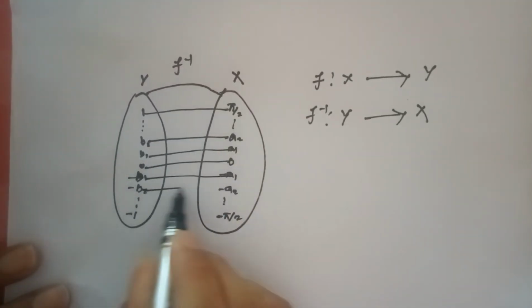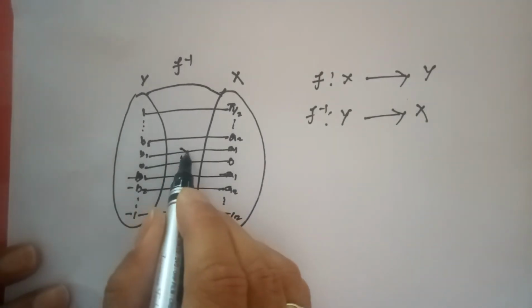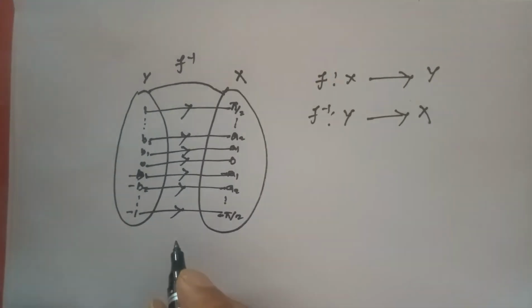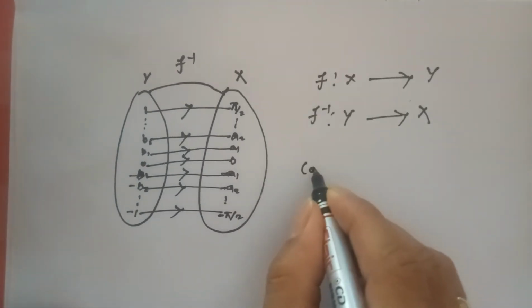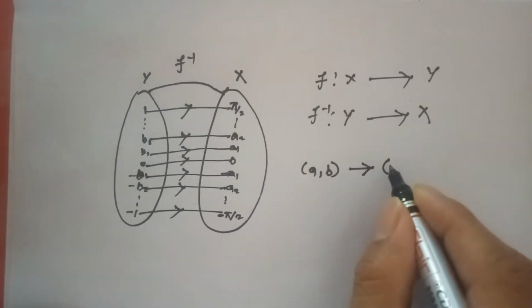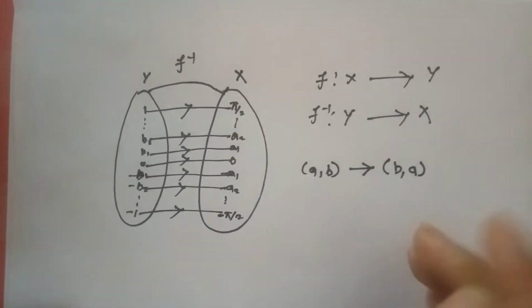So for drawing the inverse of a function, what can we do? We interchange the coordinates. If your ordered pair is (a, b), then you plot (b, a), and you get the inverse of the function.